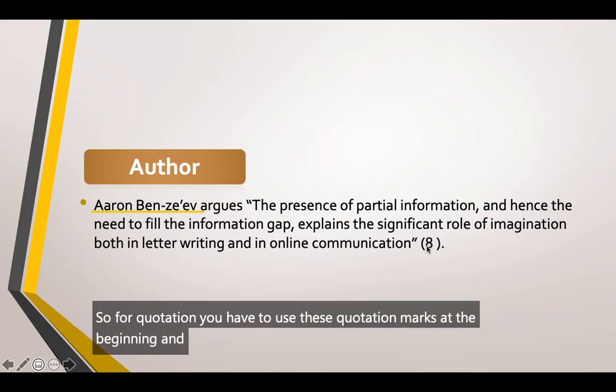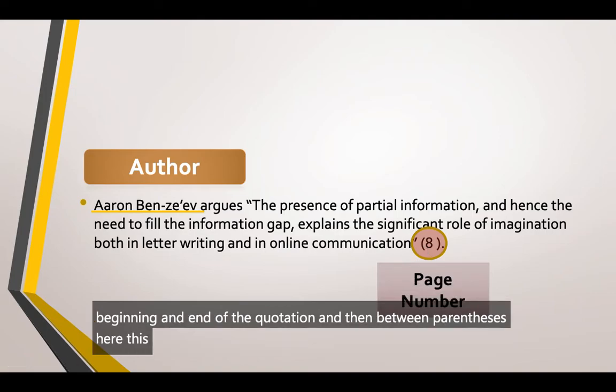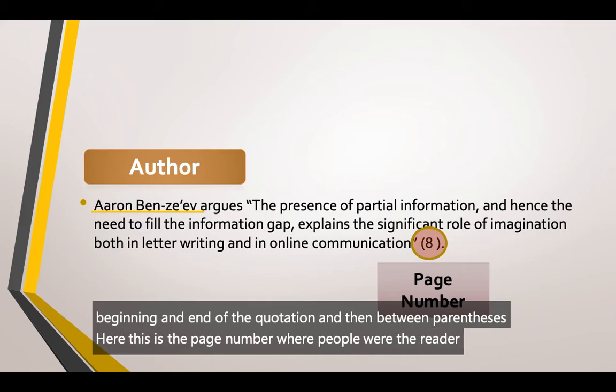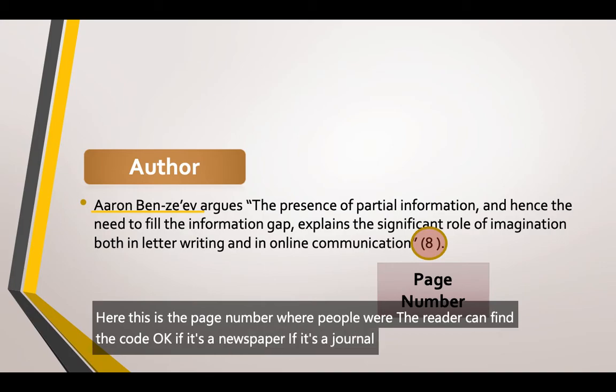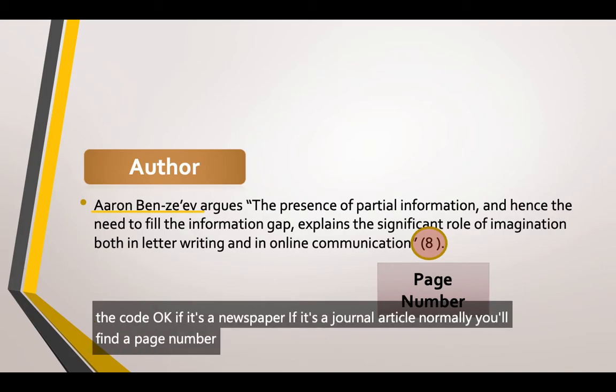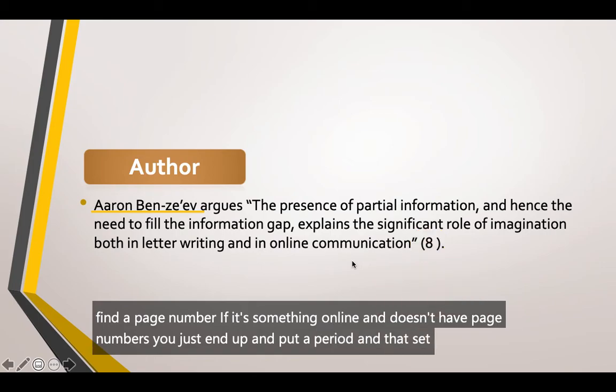And then between parentheses, this is the page number where the reader can find that quote. If it's a newspaper or a journal article, normally you'll find a page number. If it's something online and doesn't have page numbers, you just end the sentence with a period and that's it, okay?